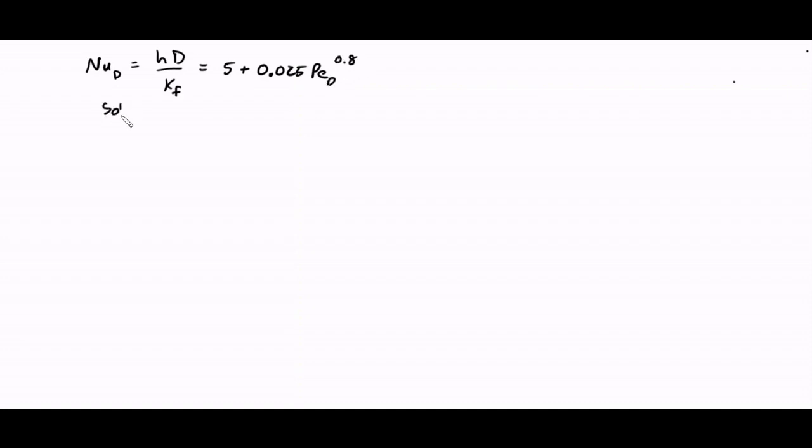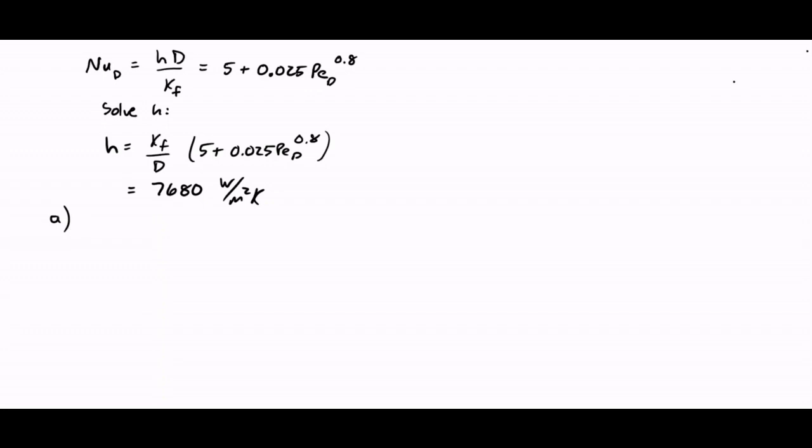So solving for H, because that's what we're after, we get H is K_F over D times our correlation. So plugging in what we got for a Peclet number and our thermal conductivity of our fluid, which we looked up, and the diameter of our pipe, which we are given, we get a convection heat transfer coefficient of 7680 watts per meter squared Kelvin.